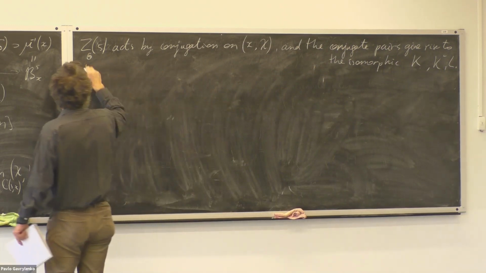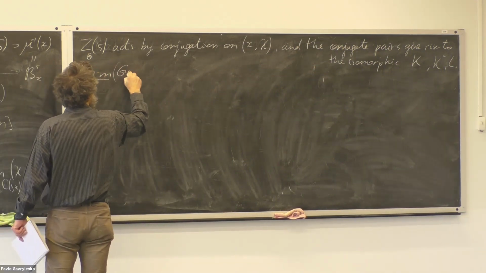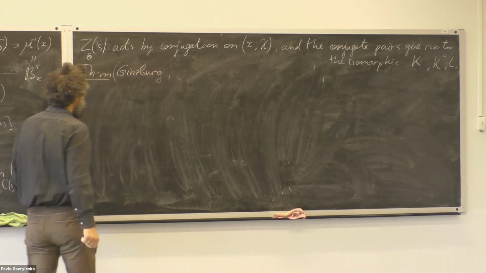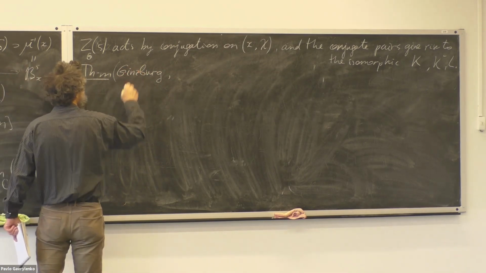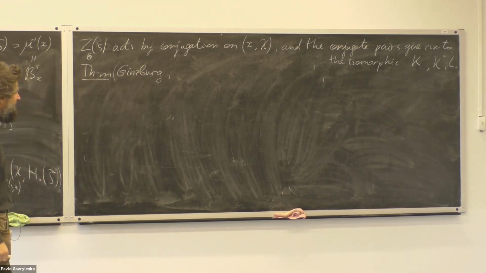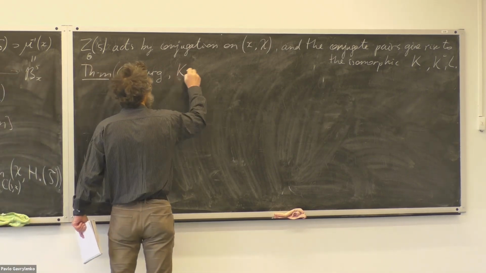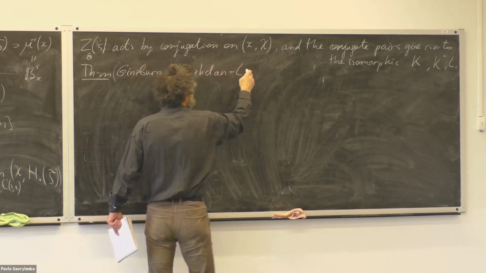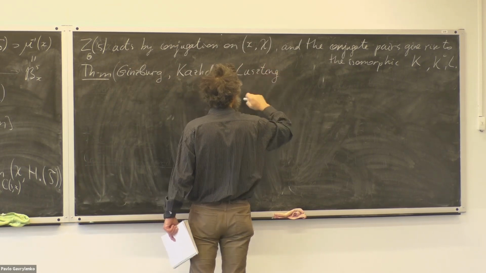Okay, so now the main theorem. This is due to Ginsburg, but somehow historically his proof was incomplete and even wrong. And as Kazhdan-Lusztig noticed, even the statement of his theorem was false as stated.